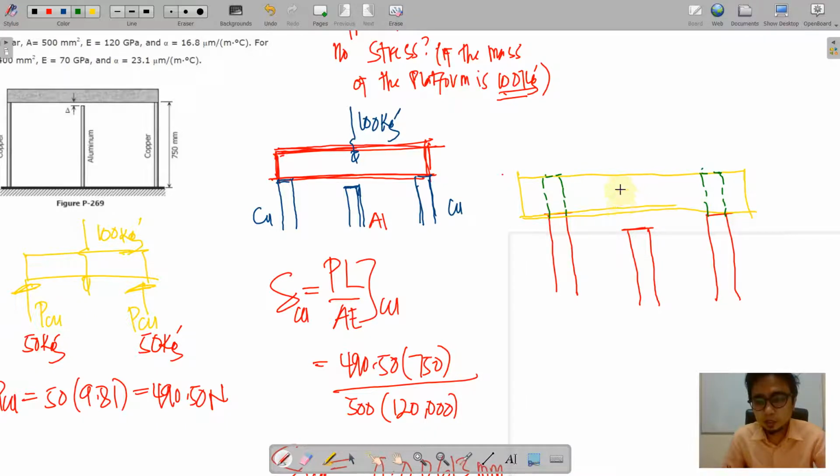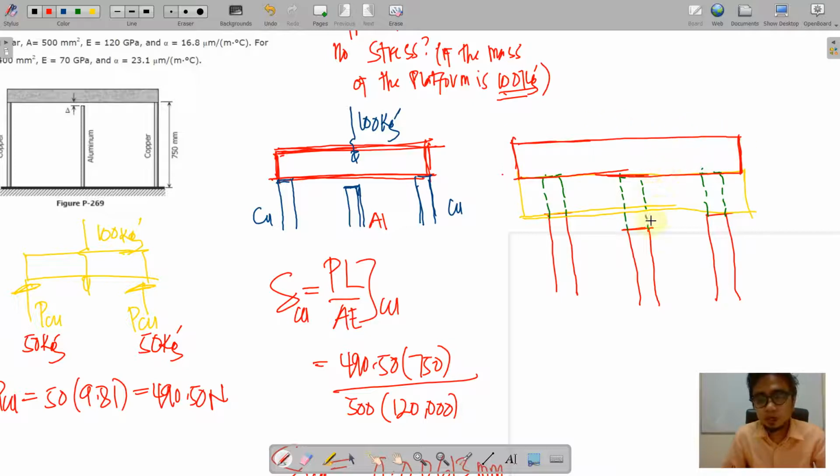Of course, we do not know that extent. And then of course, this one here will elongate so that it will have an equal level with that of the copper.